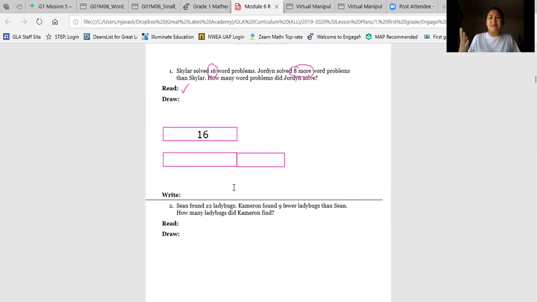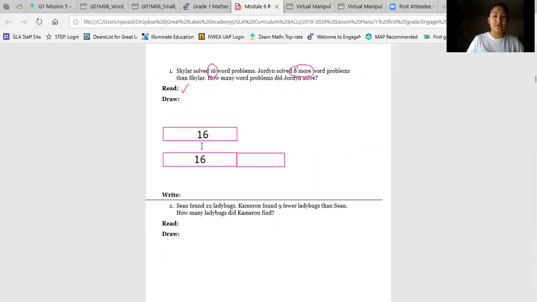Where's another place that I can put 16 in this drawing? Go ahead and take your finger and point to it now. That's right. I can also put 16 right here in the first part of Jordan's tape diagram because we know that he started with 16, then solved 8 more.